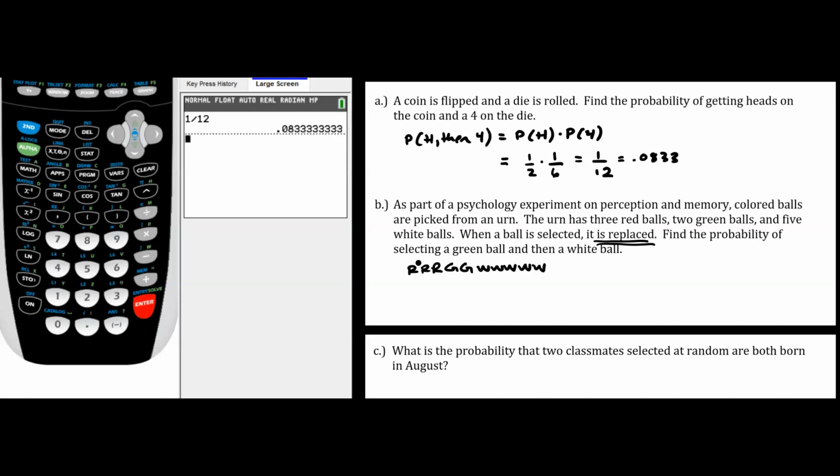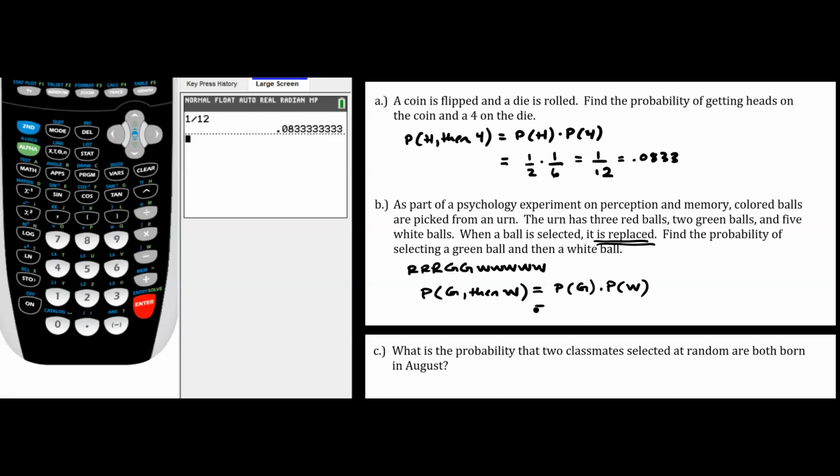So let's find the probability of selecting a green ball and then a white ball. The probability of going green and then white would be equal to the probability of a green ball multiplied by the probability of getting a white ball.